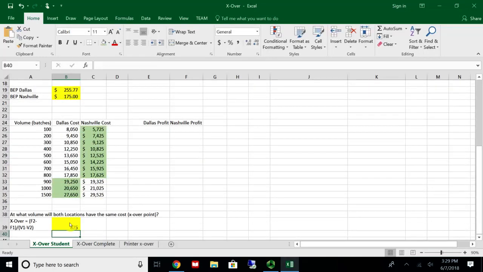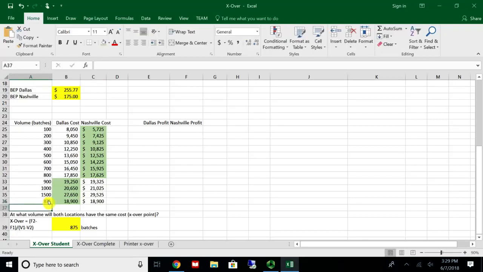And I get 875, and so that's 875 batches. And that makes sense because we said we knew it's somewhere between 800 and 900. So at exactly 875 batches, then both costs should be equal. And I'm just going to check that out. I'm going to put 875.